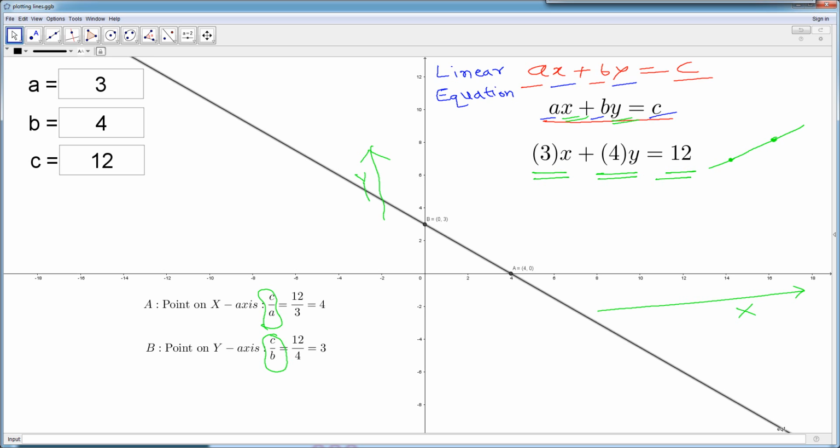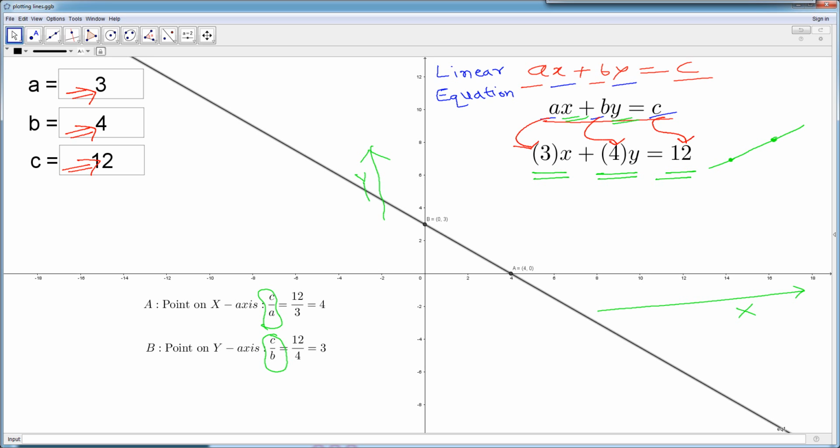Here what is the value of a? It is 3. What is the value of b? It is 4. What is the value of c? It is 12. So like this we have values of a, b and c as 3, 4, 12.